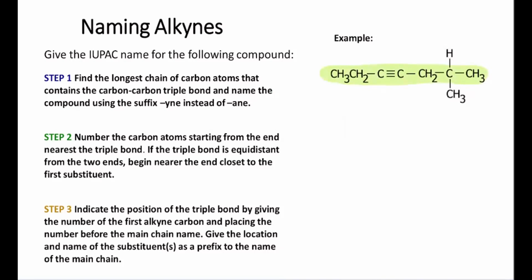Excellent job, heptyne. Okay, I'm going to number this from left to right. 1, 2, 3, 4, 5, 6, 7, because I need to start from the end that is nearest the carbon-carbon triple bond. So my heptyne is on carbon 3. Okay.